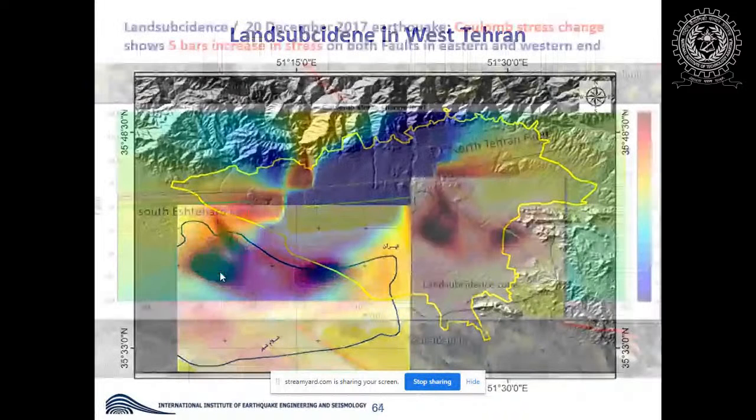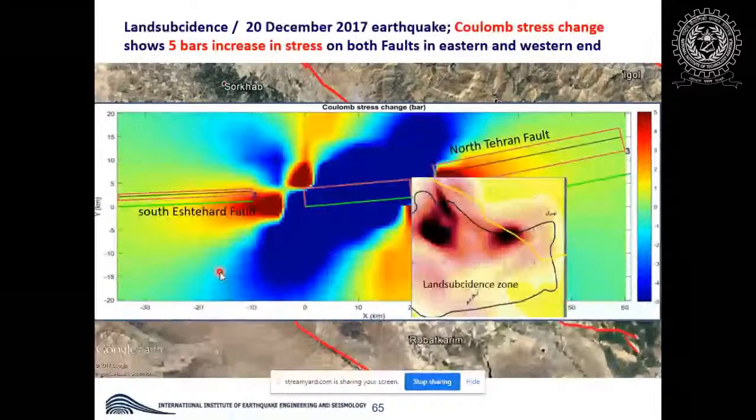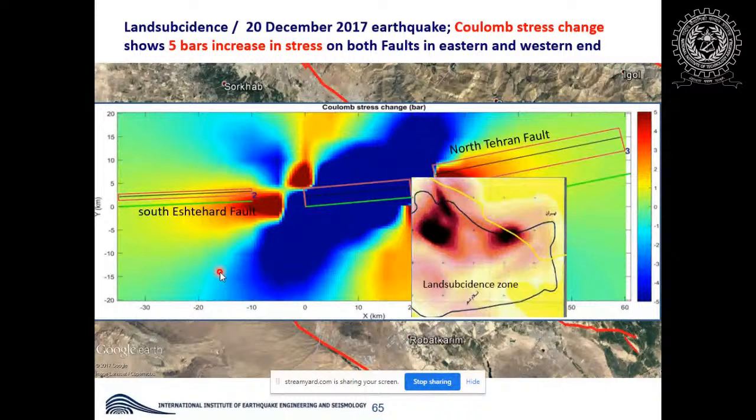If we superimpose this land subsidence zone on the Coulomb stress change of the 20 December 2017 earthquake, we observe that the earthquake occurred in the neighborhood of this land subsidence zone.